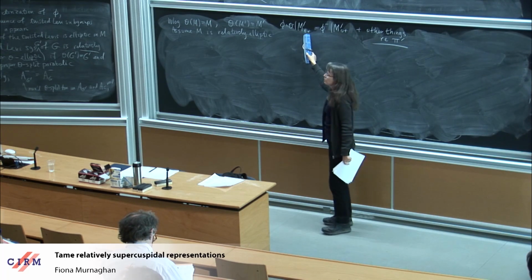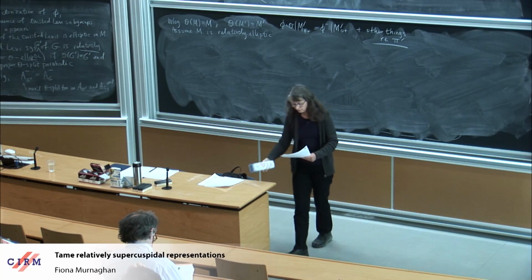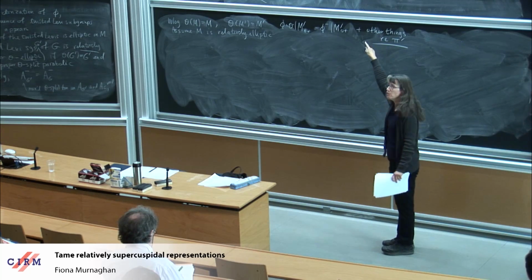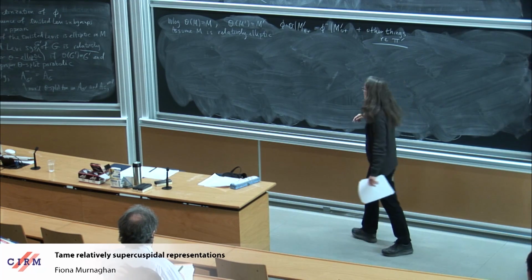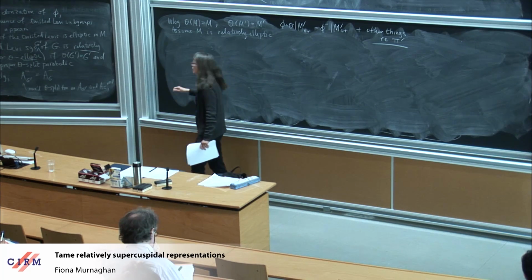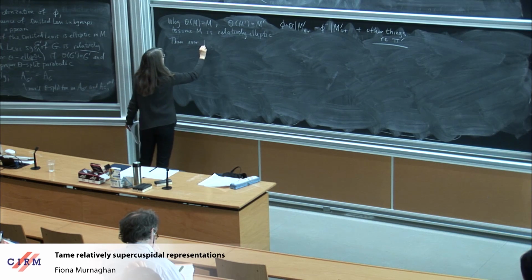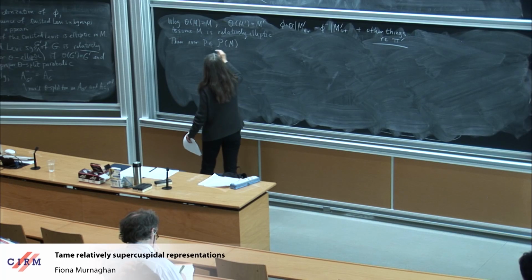The 0 plus always denotes the topologically unipotent set. We can make all these assumptions because these things come out of the proof where you prove that the inertial support is distinguished. The extra assumption I'm making here is just that this is relatively elliptic. Then every parabolic with Levi factor M is theta stable.